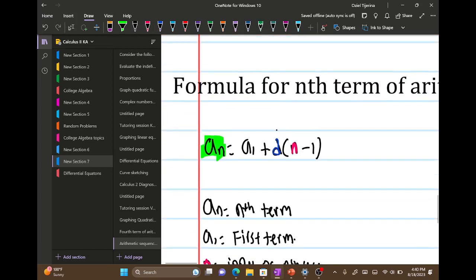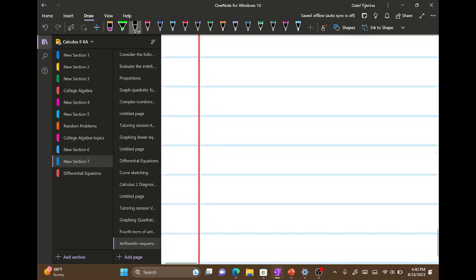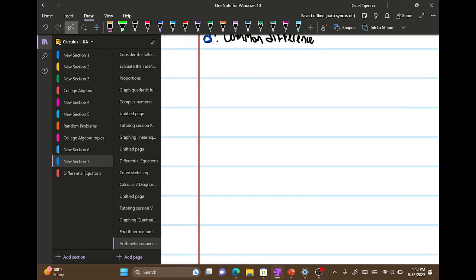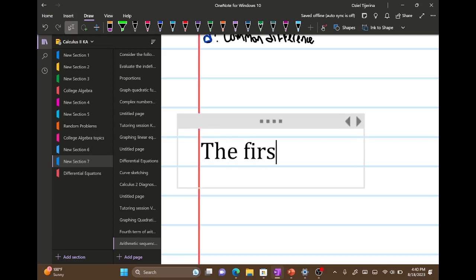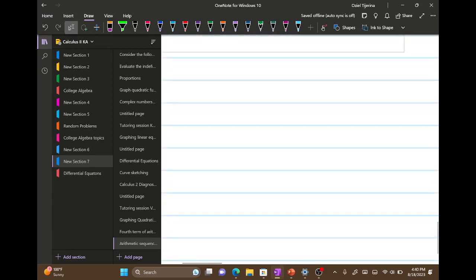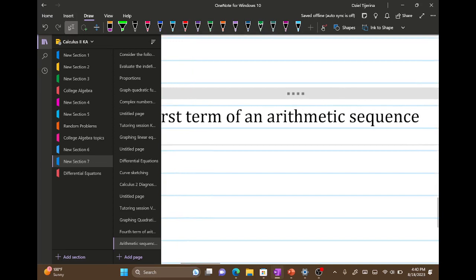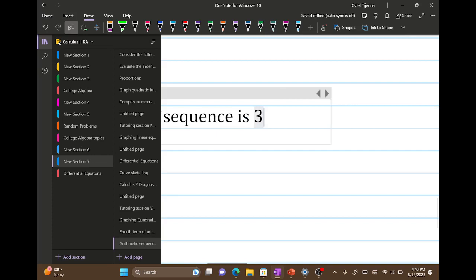And so I kind of want to give an example over this. Let's say the first term of an arithmetic sequence is, let's say, 3.